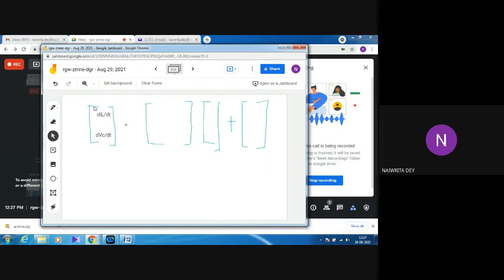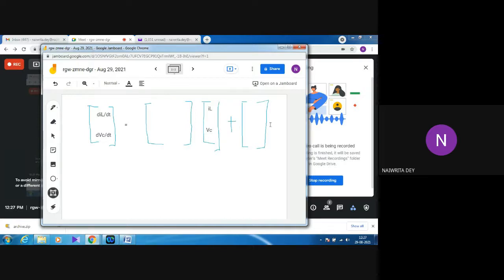If this is X dot matrix, this is our X dot matrix. This will be exactly the same, the X matrix. That means this is the state vector matrix. It will be IL and it will be VC.